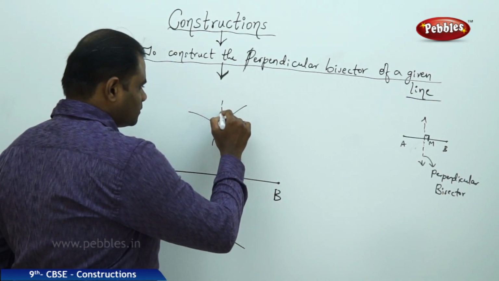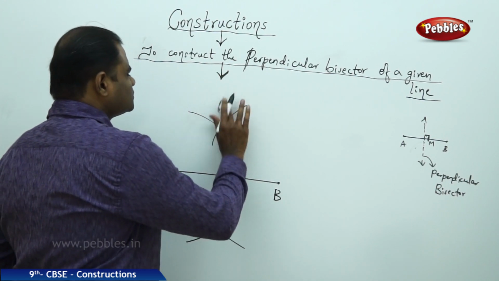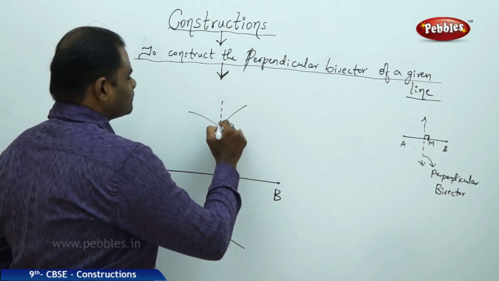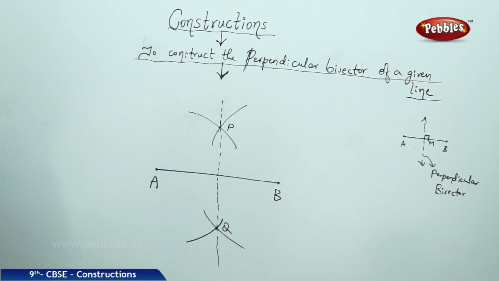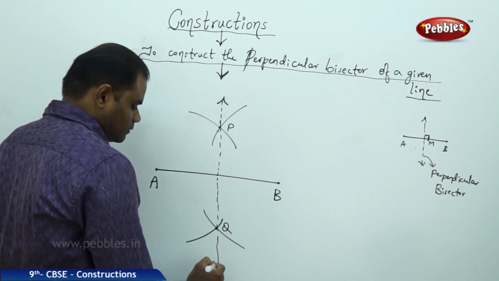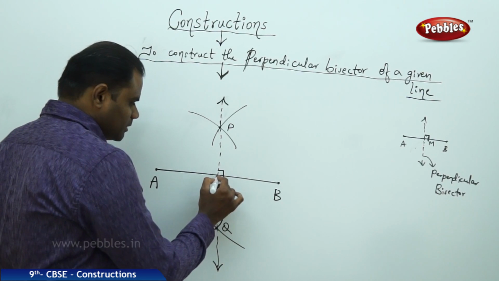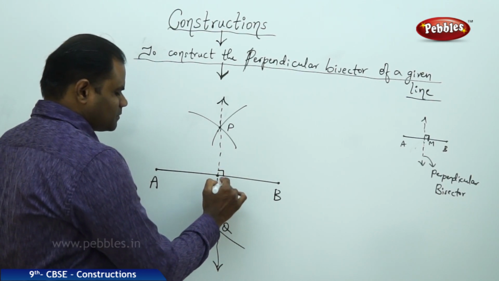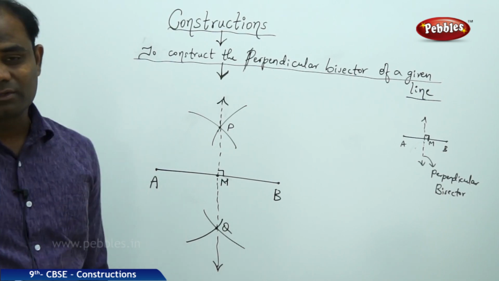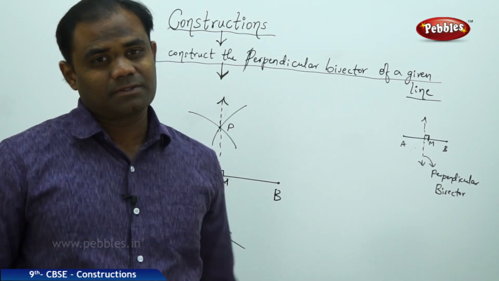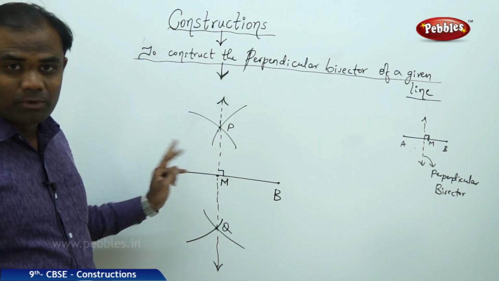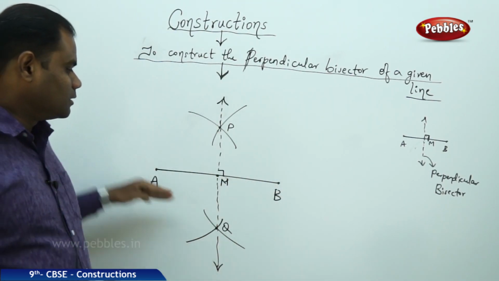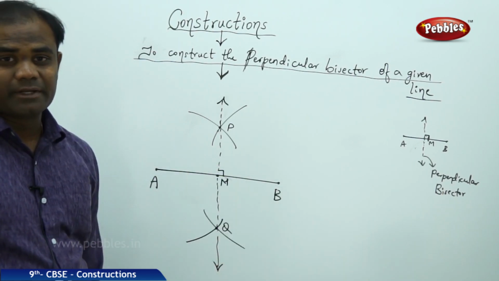Let me join the two points P and Q using a ruler. When I draw this with a ruler, I get a line which is exactly in the middle and perpendicular to AB. This is how the construction of perpendicular bisector is defined. Here we get a line which is exactly passing through the middle point of AB and which is perpendicular to the line AB, cutting at 90 degrees.